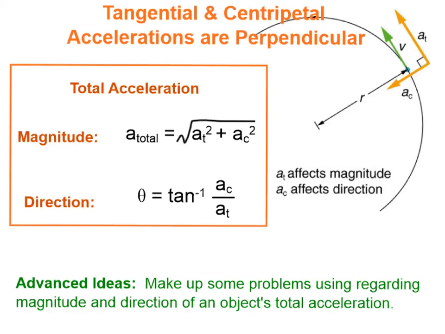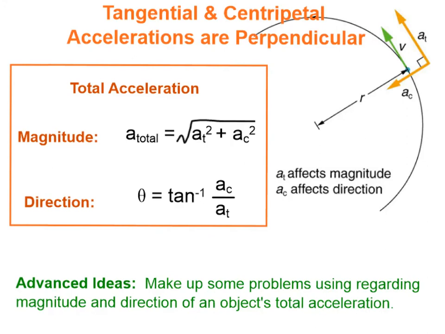If the car's speed is increasing or decreasing, the car also has a tangential component of acceleration. So we can think about the difference as the tangential component of acceleration is due to changing speed, so it will affect the magnitude. The centripetal component of acceleration is due to the changing direction.